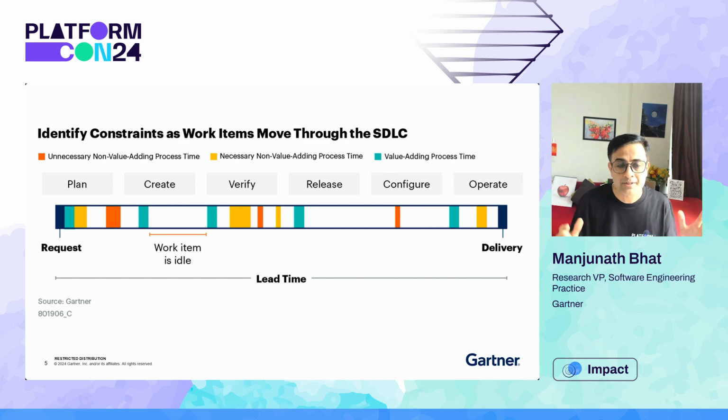So if you think about identifying these constraints, we've got to map the complete life cycle all the way from where a request comes in to when we deploy to production. Unless we have this complete systemic view of how work items flow through our software delivery work stream, we wouldn't be able to pinpoint where it is that AI will truly add value in the software development lifecycle.